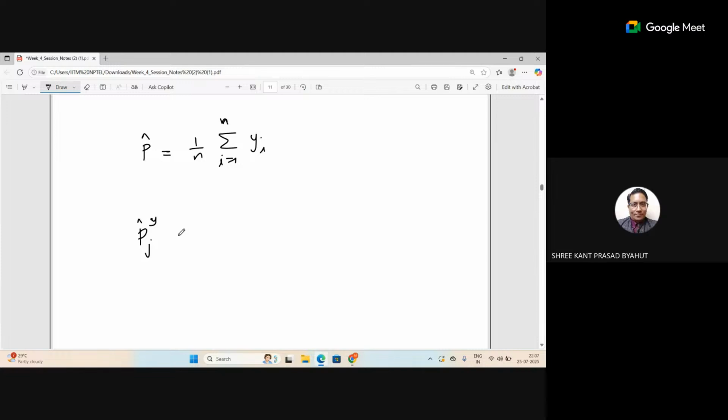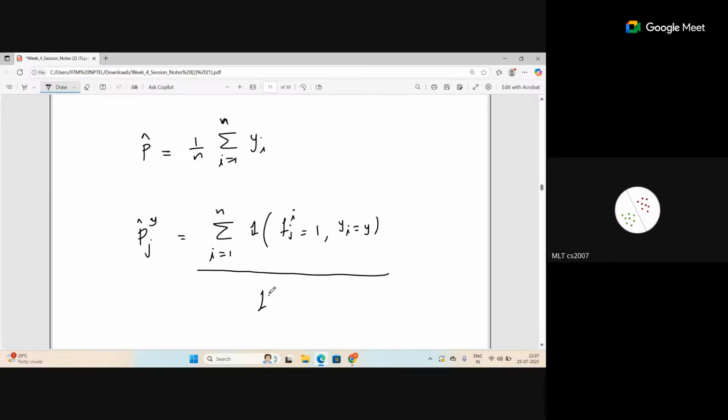And P_j hat is equal to, summing over all the examples, summation i equal to 1 to n of the indicator of x_ij for each example i, and y_i equal to y, divided by the summation over all n examples of the indicator of y_i equal to y.